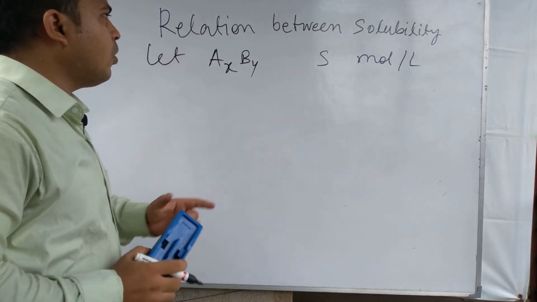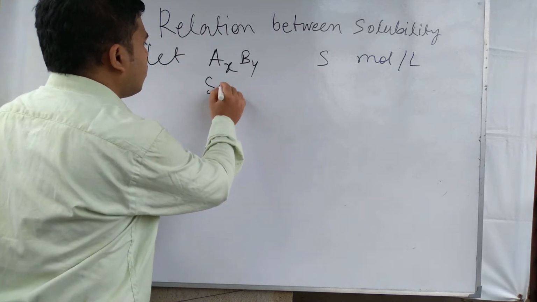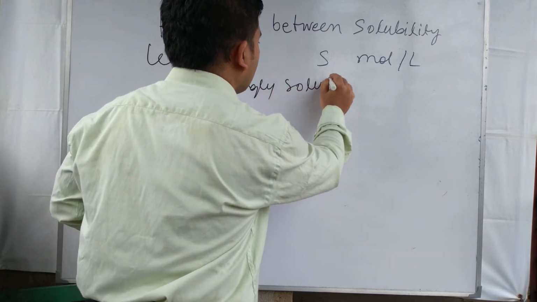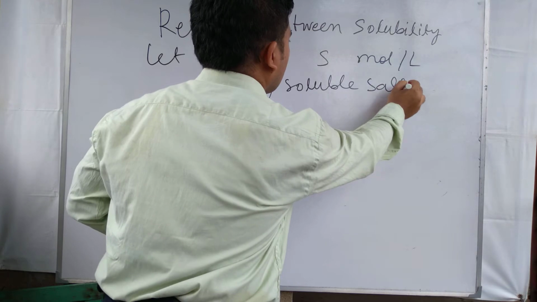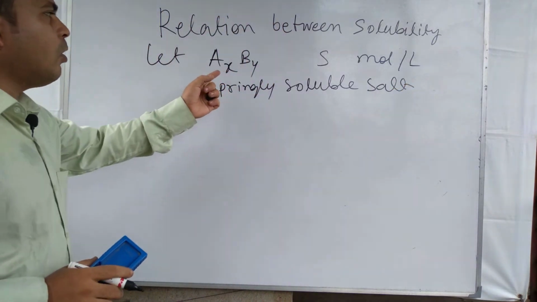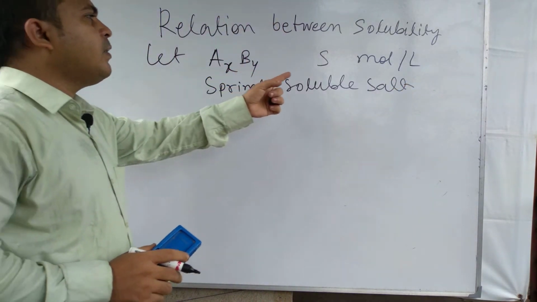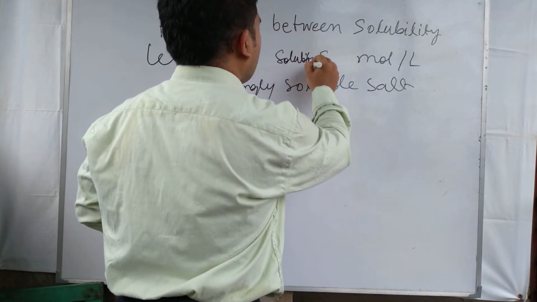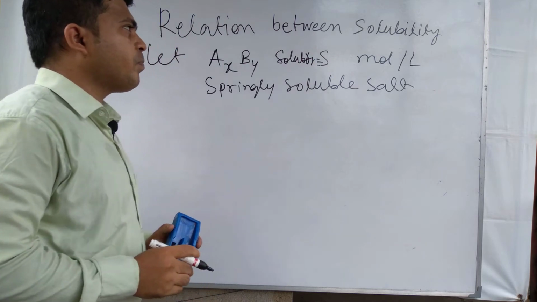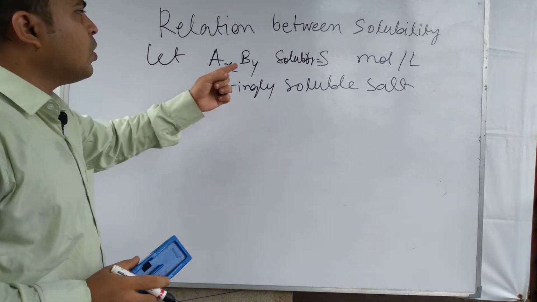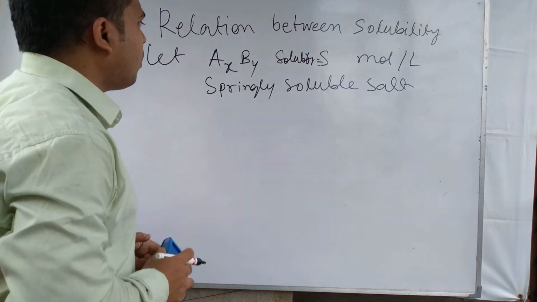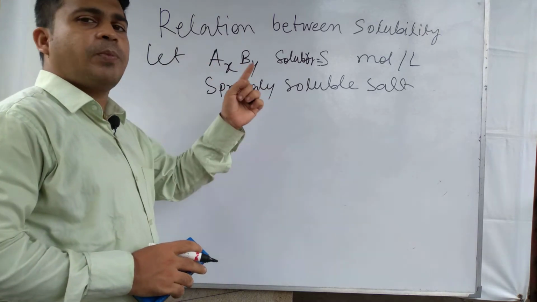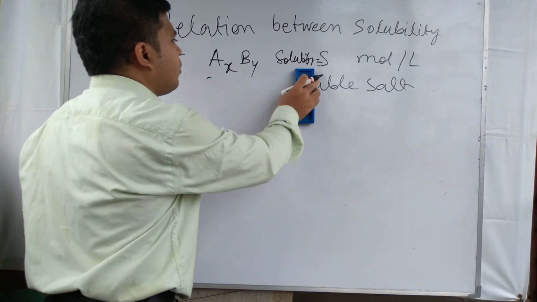This is a sparingly soluble salt AxBy, whose solubility is S mole per liter, and for this salt we have to find the expression of solubility product.